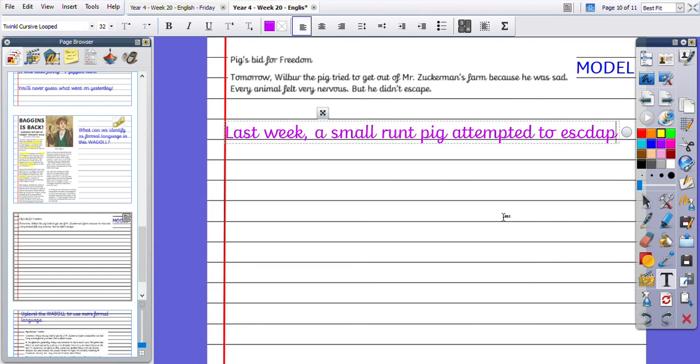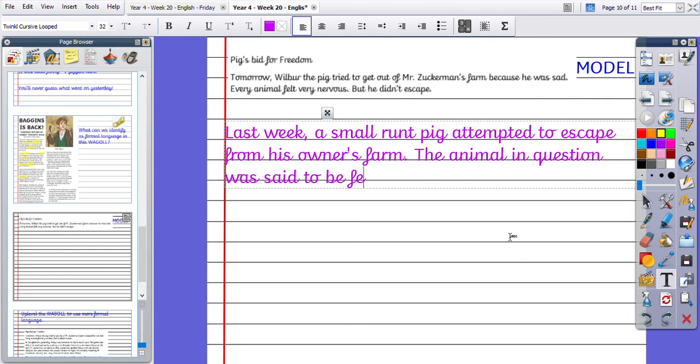Well, I could use escape, and it says to get out of Mr. Zuckerman's farm, so I could say attempted to escape from his owner's farm. Last week, a small runt pig attempted to escape from his owner's farm. The animal in question was said to be feeling distressed.